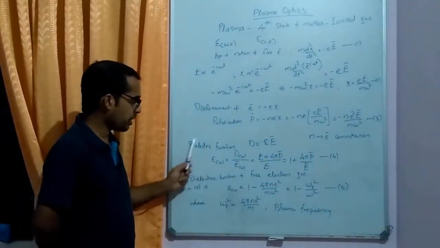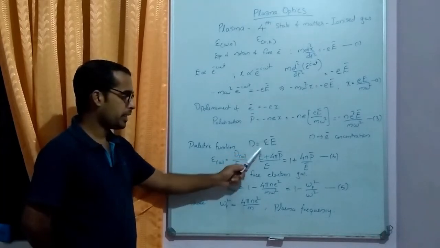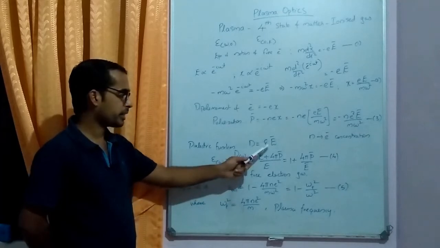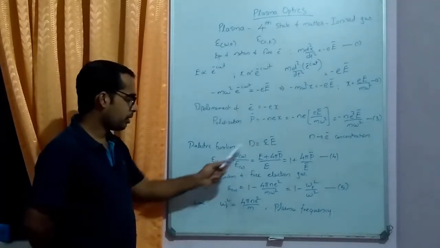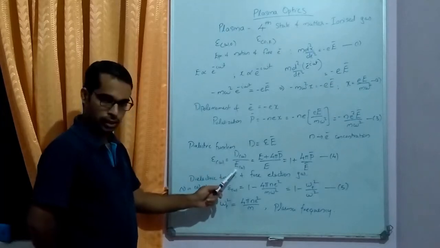Now we are going to derive the dielectric function, depending on the displacement vector, D = εE, and then we can get ε(ω) = D(ω)/E(ω). The displacement vector is D = E + 4πP, divided by E, in CGS units.